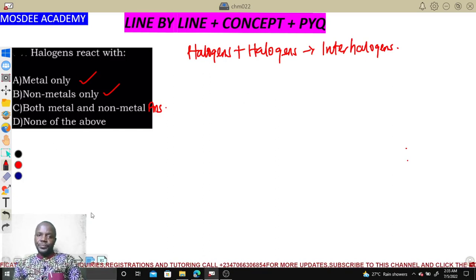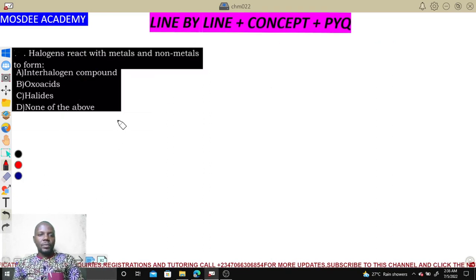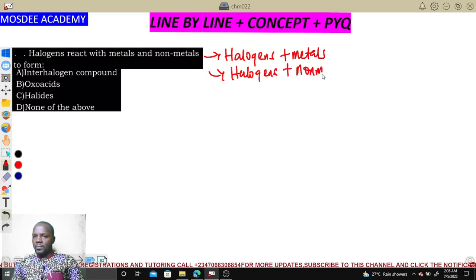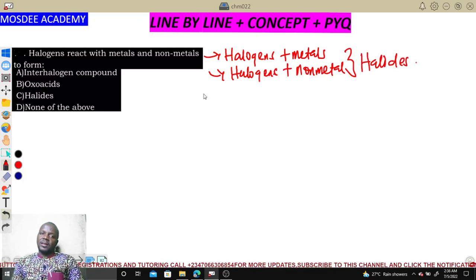So the next one. Halogens react with metals and non-metals to form dash. Halogens plus metals, or halogens plus non-metals, they call them halides.